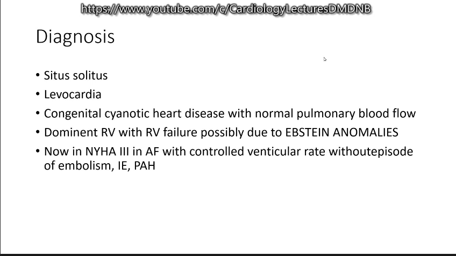Two points: one, degree of displacement, and second, RV function. When the patient develops RV dysfunction, they have every possibility that they may steadily deteriorate, and then they have a bad prognosis. And the patients with significantly displaced tricuspid valve with severe tricuspid regurgitation more often can develop early RV dysfunction. Okay.